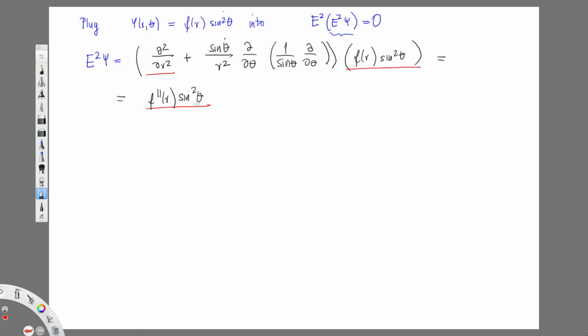And then, oh boy, I'm going to do this layer by layer. So it's plus sine theta over r squared partial partial theta of, and then what I have here is 1 over sine theta. Partial partial theta of this function is essentially f of r times 2 sine theta cosine theta. So this applied to that is this part.